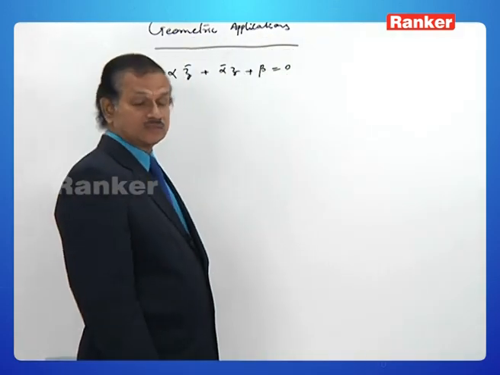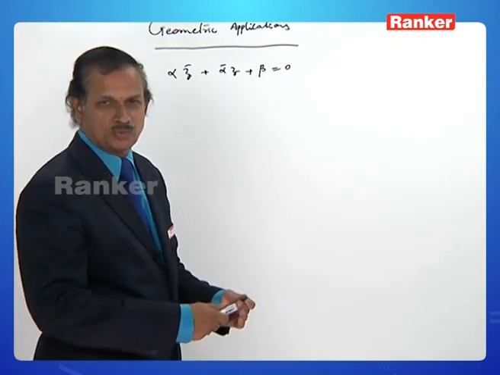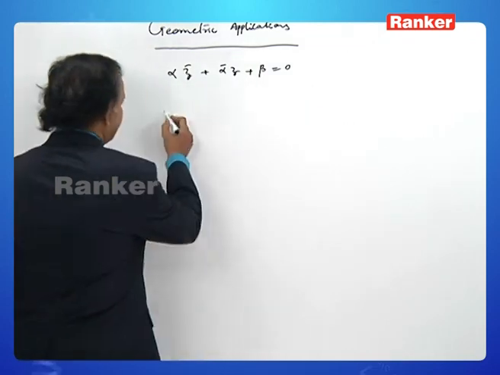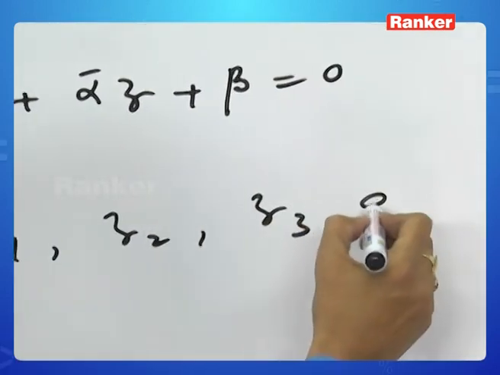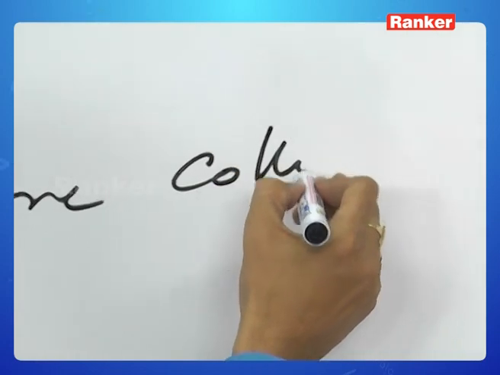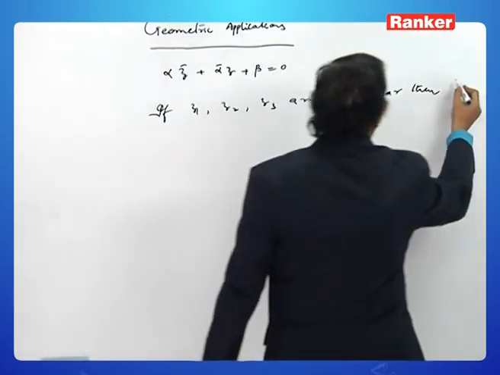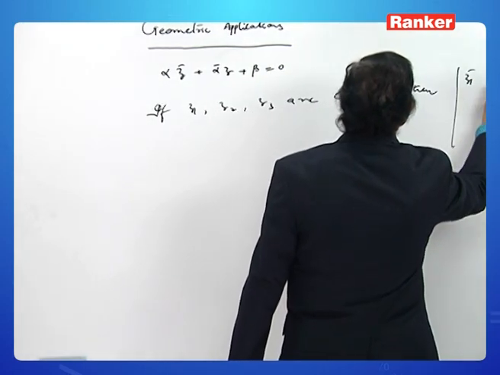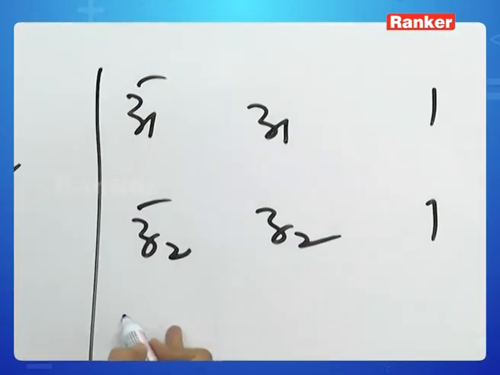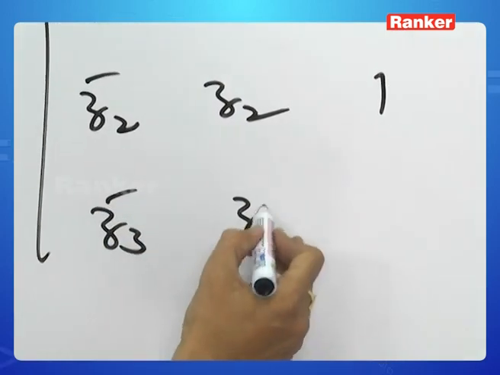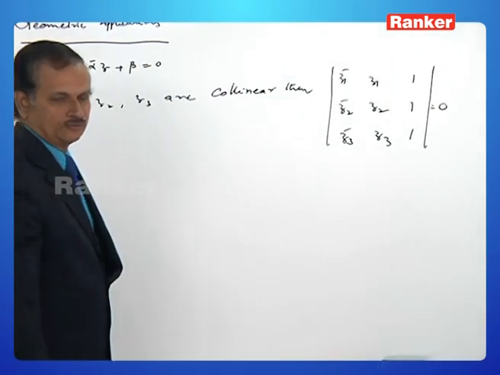Now we make use of this to obtain a very good condition, a very useful condition for the collinearity of 3 points. What I mean to say is, if Z1, Z2, Z3 are collinear, then the determinant with rows Z1 bar, Z1, 1; Z2 bar, Z2, 1; Z3 bar, Z3, 1 is equal to 0.